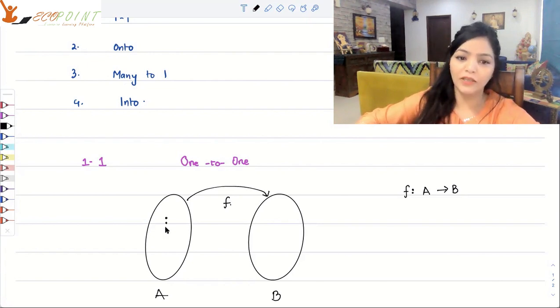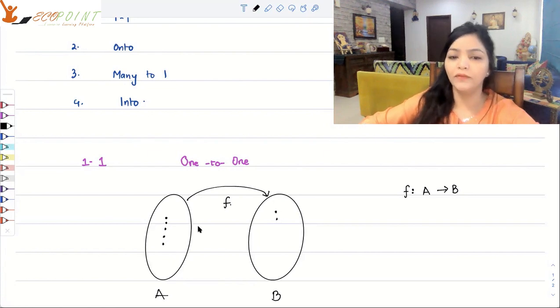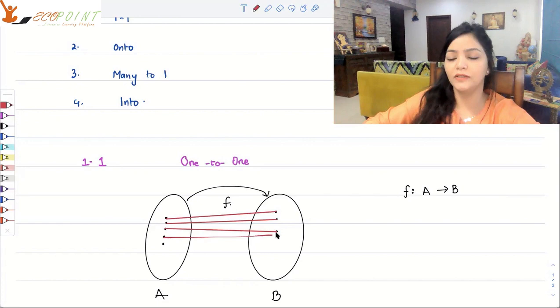So say you have these 5 entries in A, and what we are saying is they need to have a unique mapping. So this is a unique image, this is a unique image, this is a unique image. Now if I just have 3 elements here, then say everything else is mapping to just this third element.